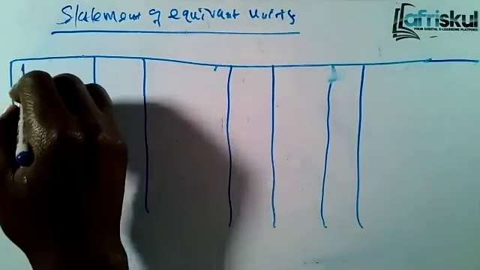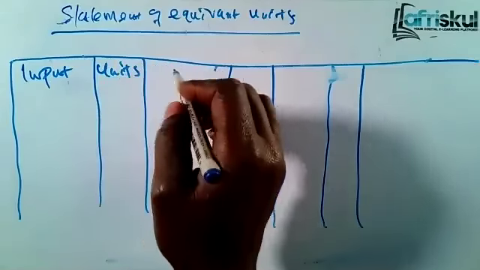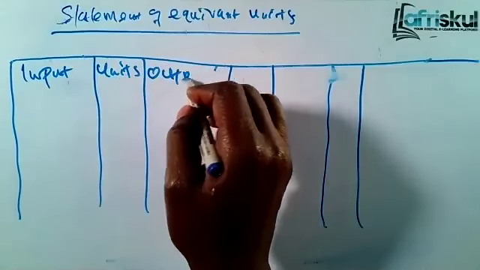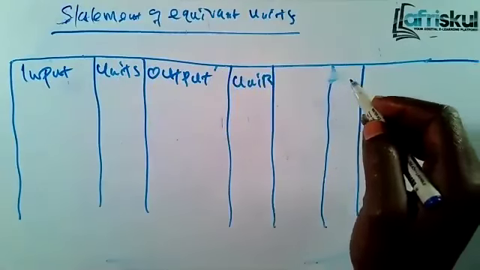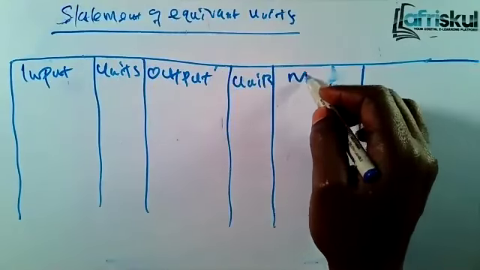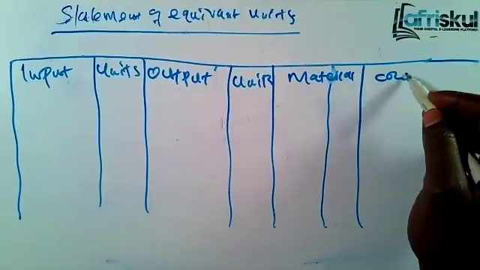So here we have inputs, units, output, units. This one is material, and this is conversion.